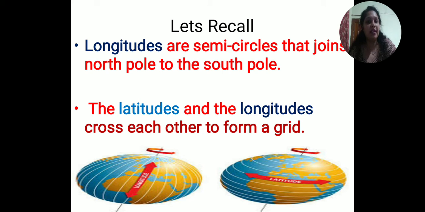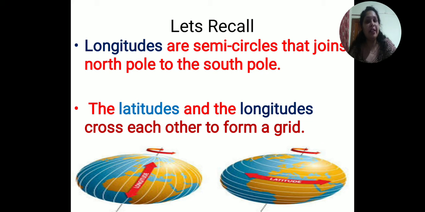These semicircles are the longitudes. On the right-hand side, you can see a diagram of latitude, which moves parallel to the equator. These imaginary lines moving parallel to the equator are called latitudes.